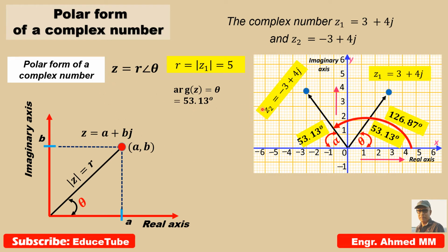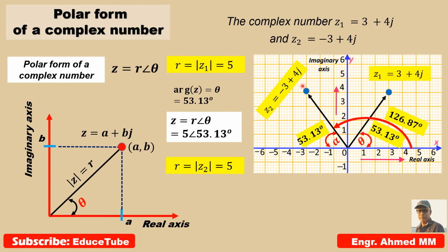Surely we can write the polar form of the complex number. I mean, these numbers' polar form we can write as this. Look at this r, we put 5, and this theta we put here 53.13. So we got the polar form of this complex number.